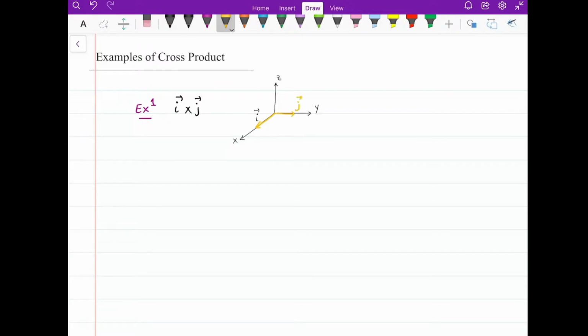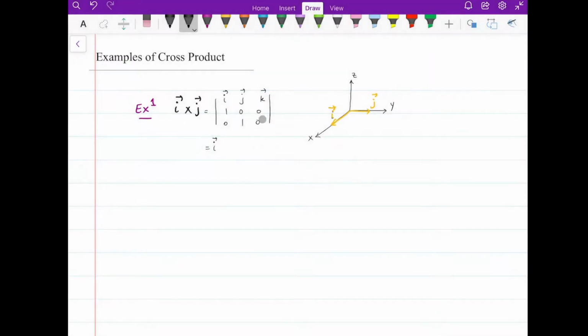So now for finding i cross j, all I need to do is write the definition. I'm going to use the definition of the cross product with i, j, and k. 1, 0, 0 are the components of i, and 0, 1, 0 are the components of j.